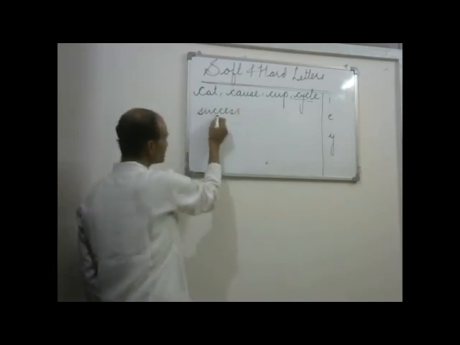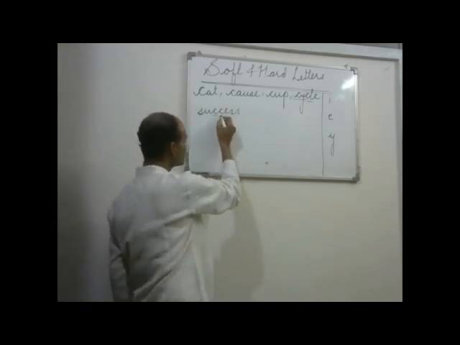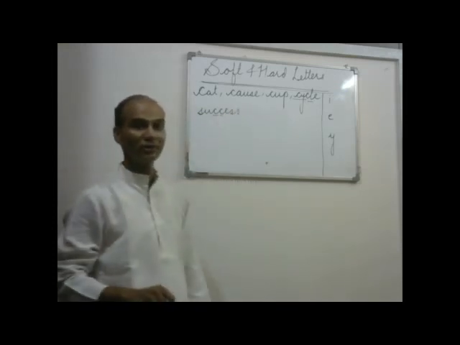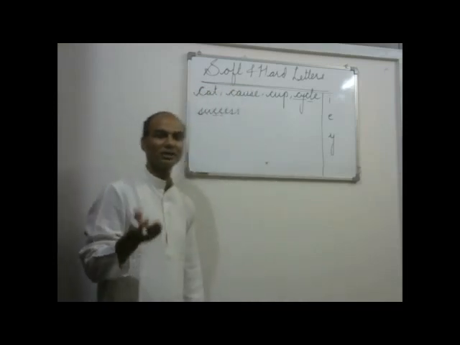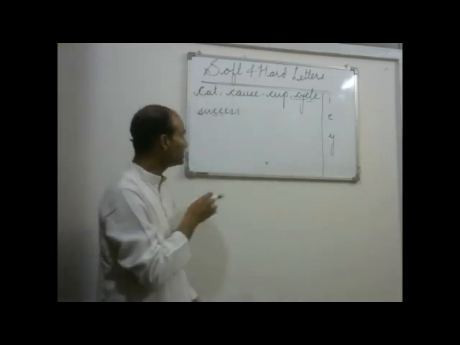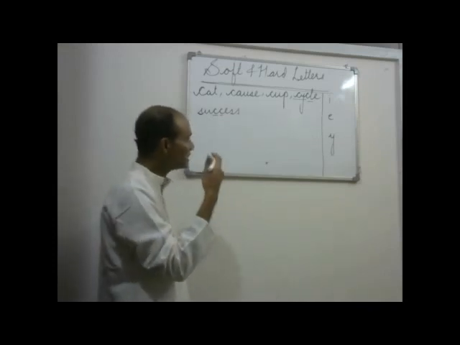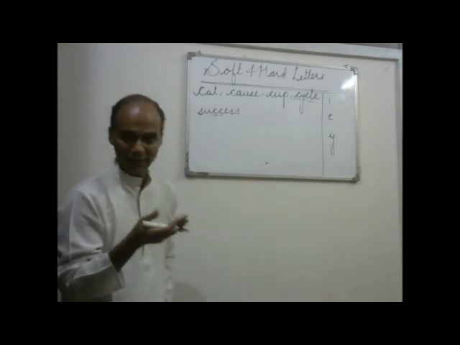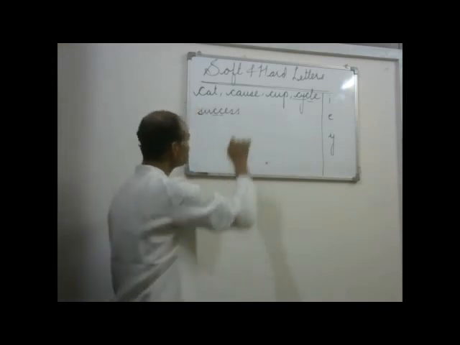Now this first C is hard and the second C is soft, because the second C is being followed by E. So in the same word we have both soft and hard sounds of C. So in all such words where C is followed by I, E or Y, it will be soft. You can take any example.